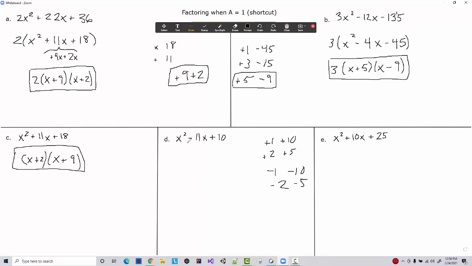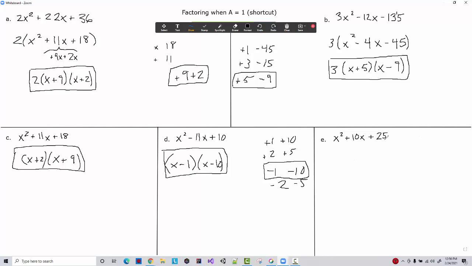And if you look at this, they need to add to give me negative 11. Well, that has to be these two. And once I find those factors, we just write this out as x minus 1 times x minus 10. I like learning the AC method first because then you actually understand why this works and you're much more likely to remember the shortcut that way.